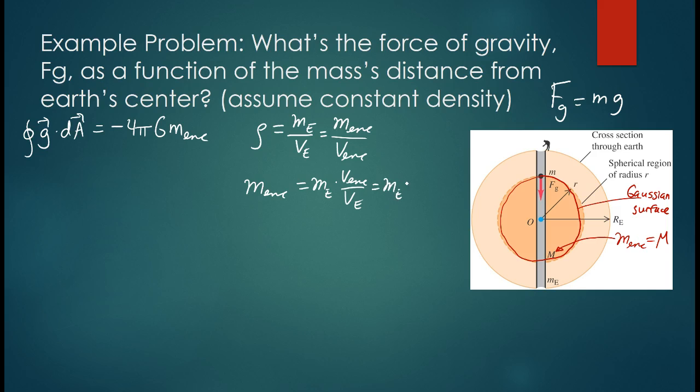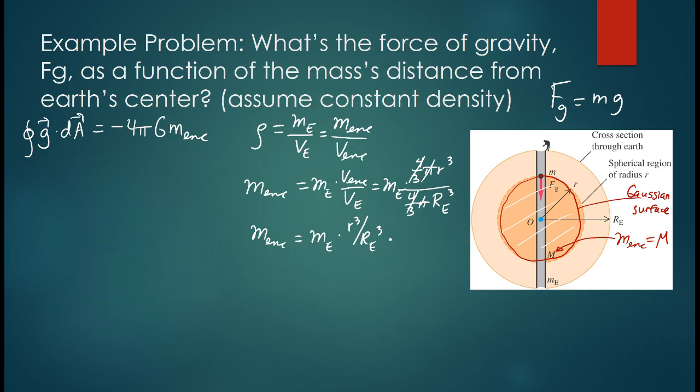Now this is a sphere, so the volume of a sphere is 4/3 pi, and then this is going to be little r cubed, and that's the volume enclosed within this intersection. And the volume of the Earth will be 4/3 pi radius of the Earth cubed. So the 4/3 pi is going to cancel, and that gives us that our mass enclosed is equal to the mass of the Earth times little r cubed over radius of the Earth cubed.